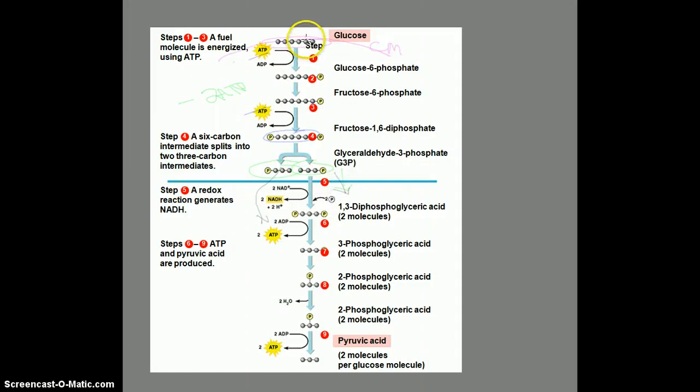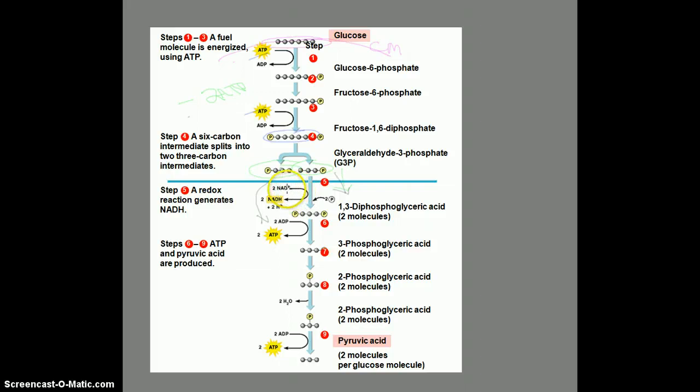We have glucose moves into the cell, and we're going to use now 2 ATP to break it down into 2 3-carbon molecules. At this point, we still have to prepare it to be able to go on down the pathway. And remember, this is a biochemical pathway.